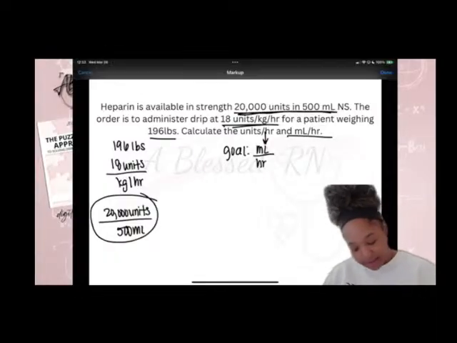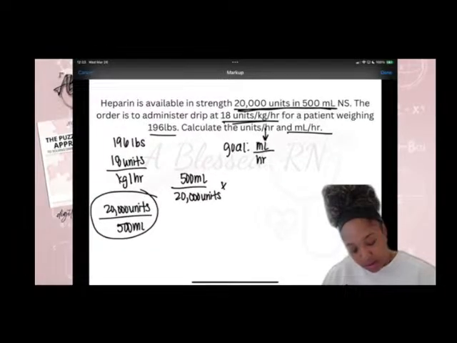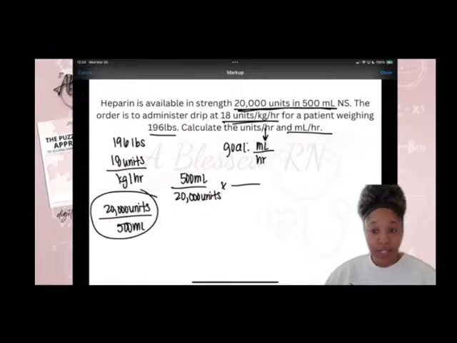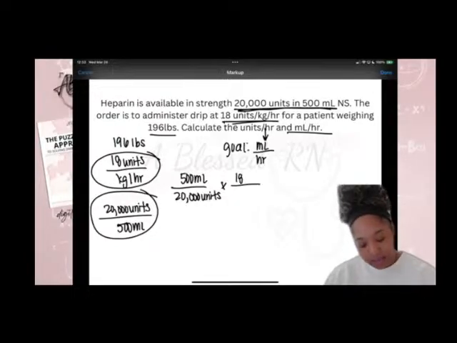All right. So 500 mL over 20,000 units. Okay. So now my units are on the bottom. I have to have my units on the top to cancel out. That's this puzzle piece. So 18 units per kilogram per hour. Units cancel out.